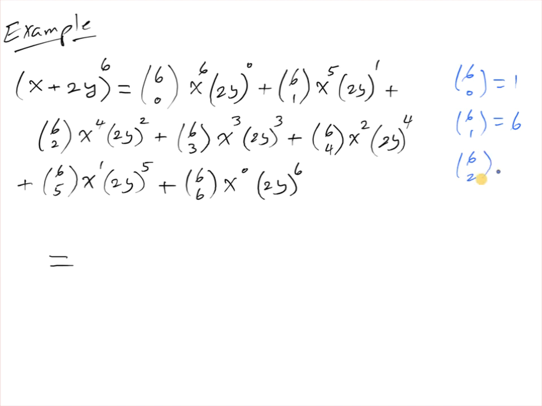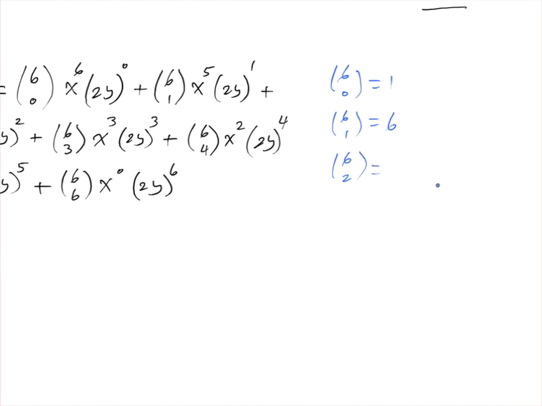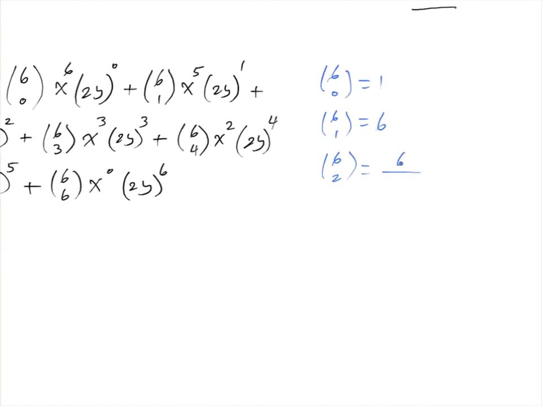6 choose 2 is 6 factorial divided by 2 factorial times 4 factorial, and that can be reduced. The 6 factorial is 6 times 5 times 4 factorial, right? It's not necessary to list all the factors. After 5 you have 4, 3, 2, 1, but from 4 down is just 4 factorial.